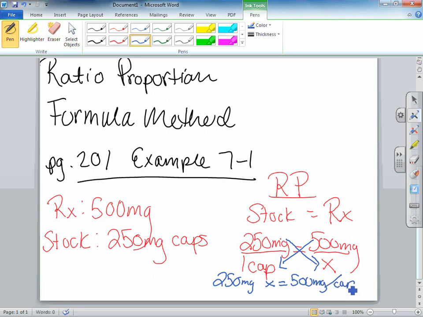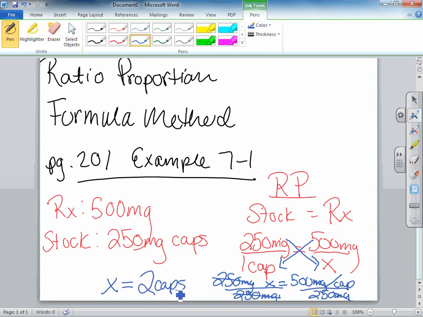In order to get X by itself, you divide by 250 milligrams on both sides. I'm running out of room here. 250 milligrams cancel out on the left-hand side, milligrams cancel out on the right-hand side, leaving you with X. 500 divided by 250 is what? 2. You're going to need 2 caps.